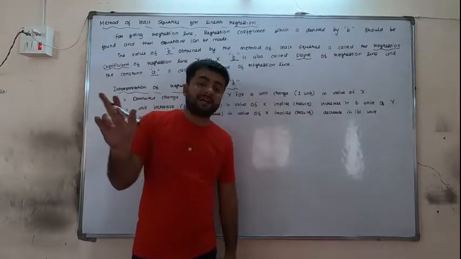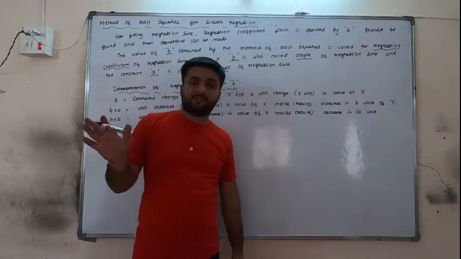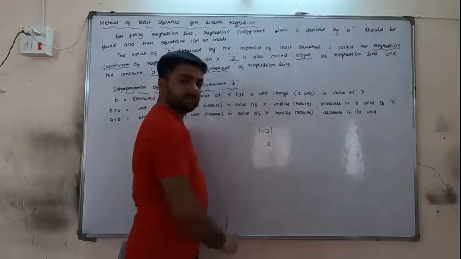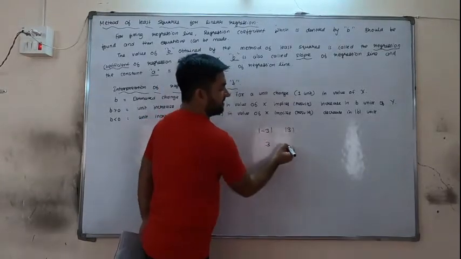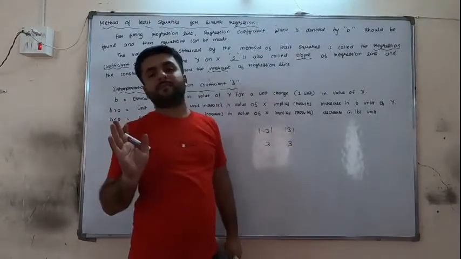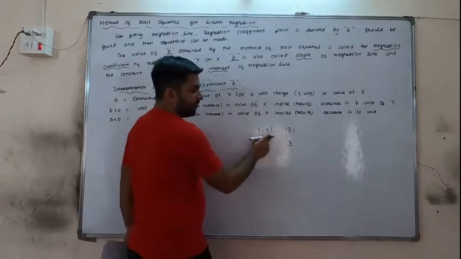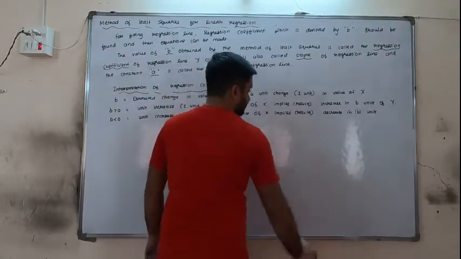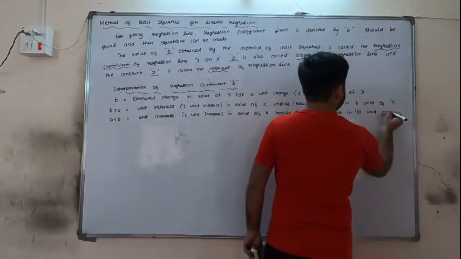Because here b is minus, so ignore that minus. Modulus means if inside the modulus it is minus 3, then outside it is plus 3. If inside the modulus it is plus 3, then outside also it will be plus 3 only. But what is the meaning of modulus? If something is in modulus, then it will have a positive value. Modulus b units of y.